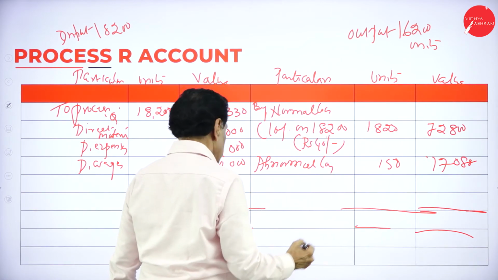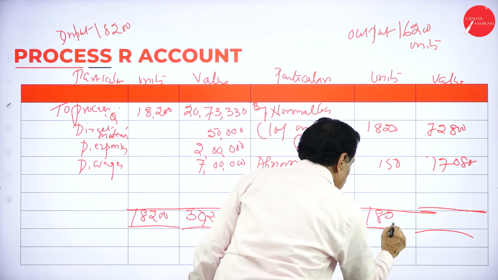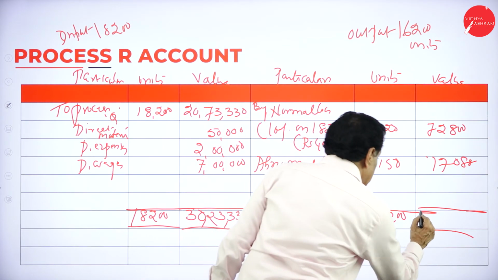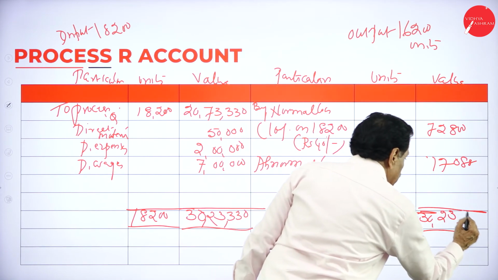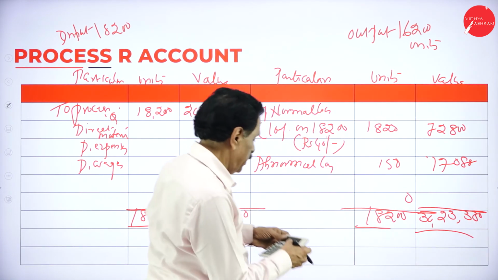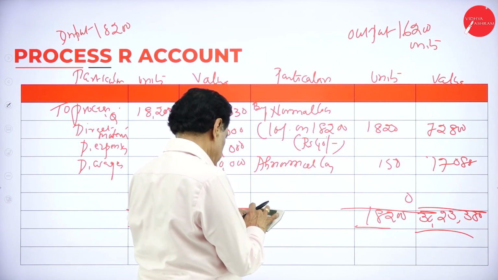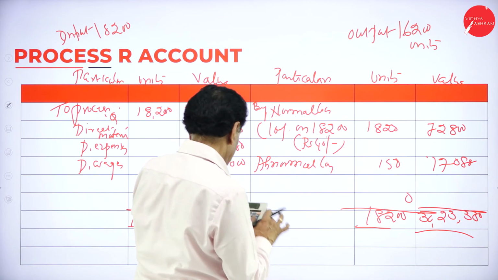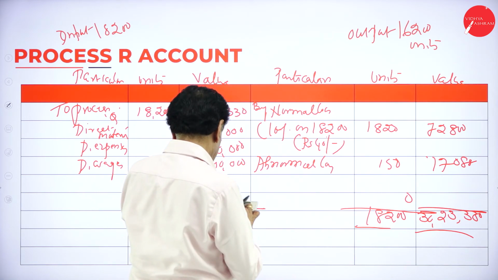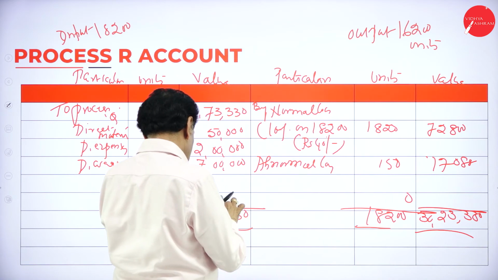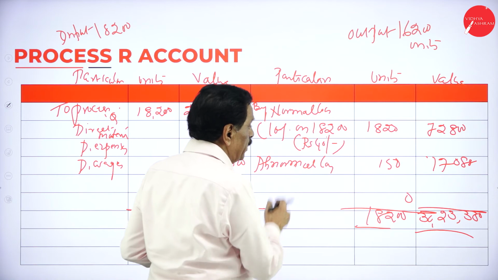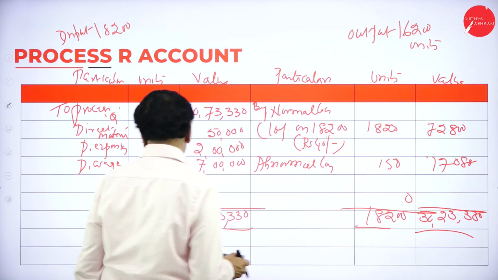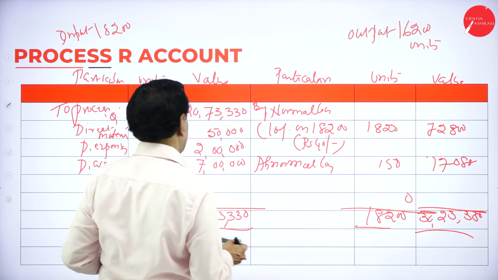Bring out the difference. 18,200 into 10 by 100 is 1,820 units.